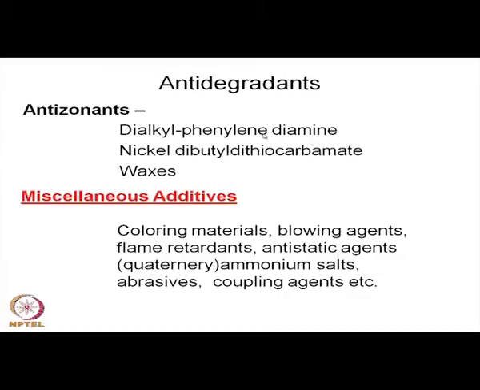Dialkyl phenylene diamine, nickel dibutyl dithiocarbamate, or waxes, even paraffin wax and microcrystalline wax, are also used as antioxidants. If wax is blended with a rubber compound, slowly these wax molecules, which are basically hydrocarbon, bloom or diffuse to the surface and form a very thin coating layer over the rubber product.